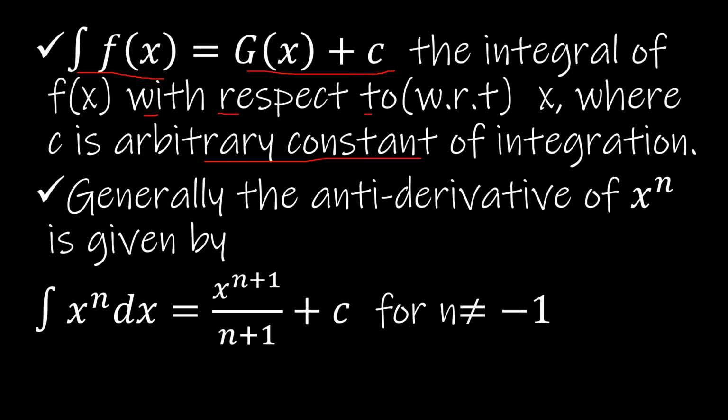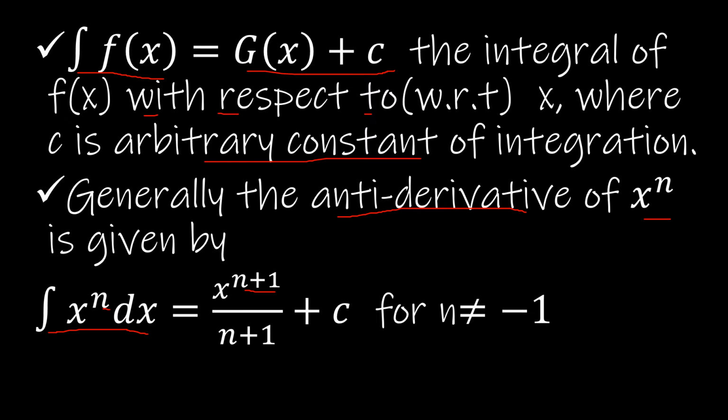Generally speaking, we say the integral of x^n is given by x^(n+1) divided by n+1, then plus c.